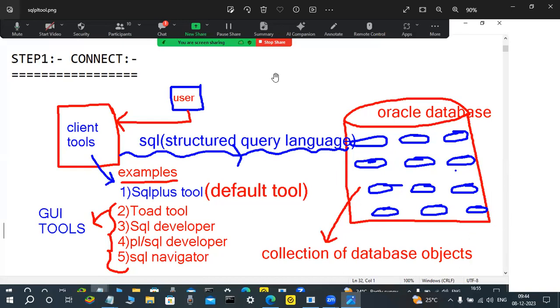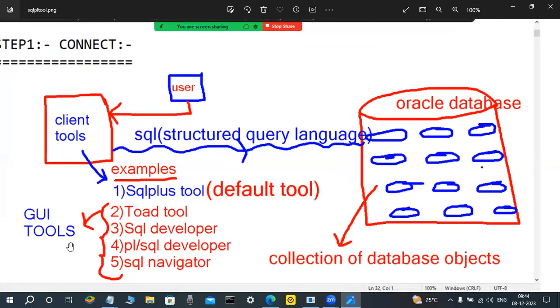Okay, slowly. These are GUI, graphical user interface tools, right? GUI tools.